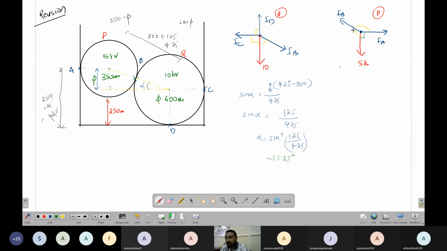What is this total angle? 15.25 plus 90, right? 105.25. This is 105.25, this is 90.